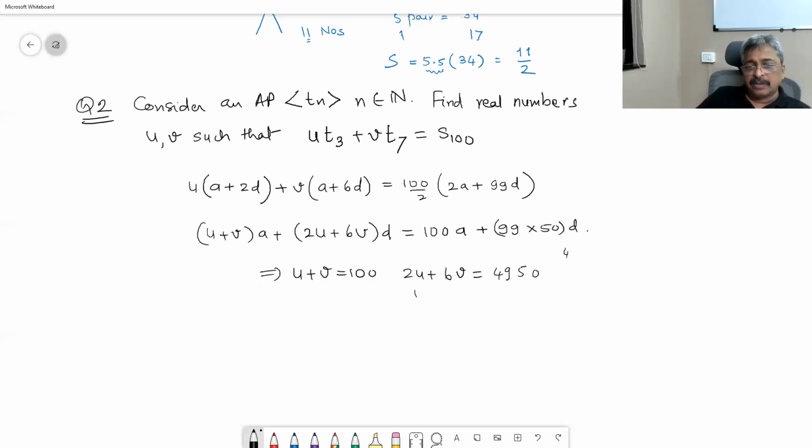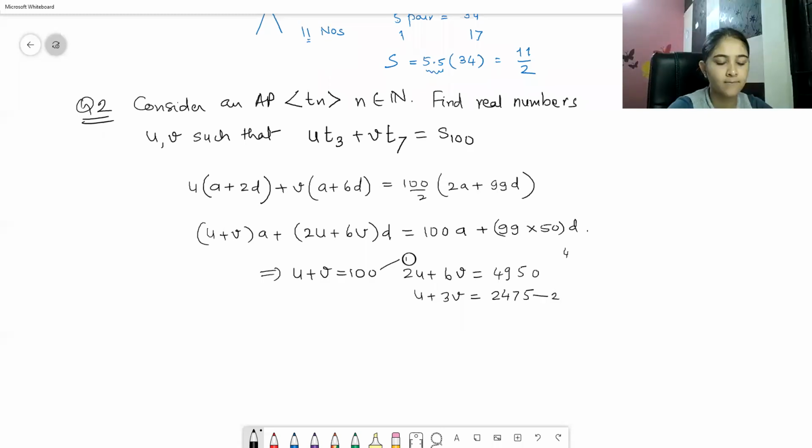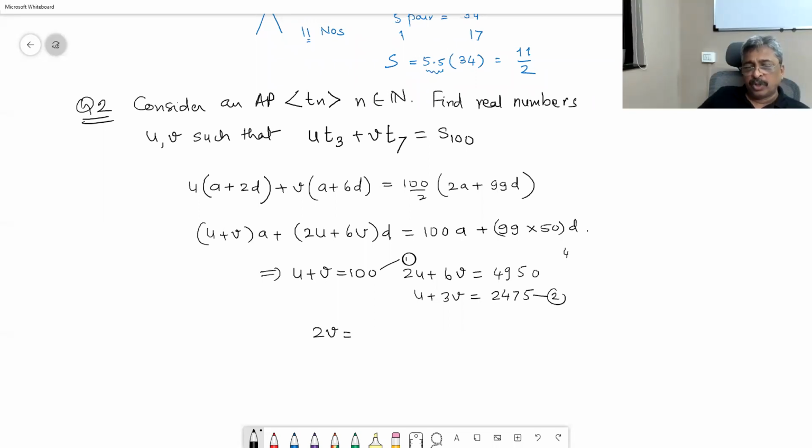Okay, so I can simplify this. U plus 3V is equal to 2 by 4, 8 by 7, 14 by 5, 10. Okay, so now if I subtract equation 1 from equation 2, I get 2V is equal to 2475 minus 100, which is equal to 2375.